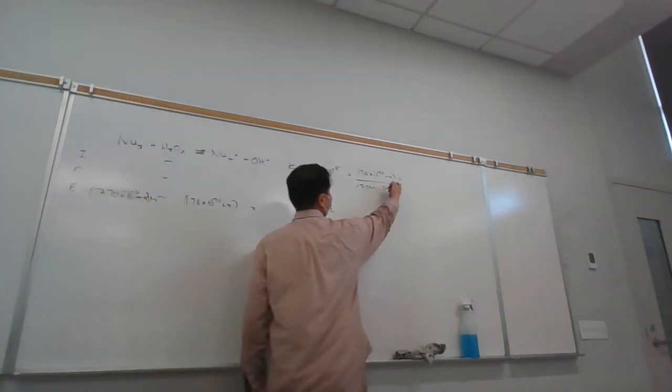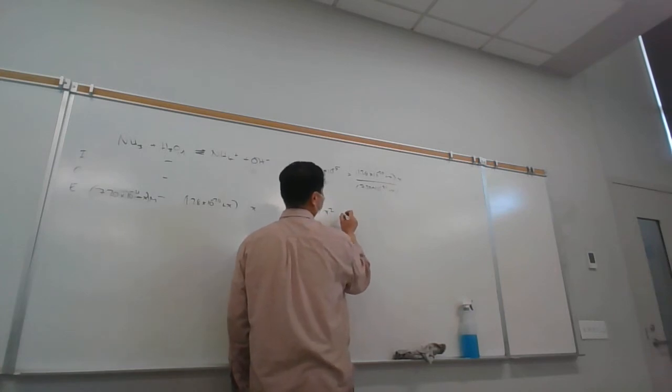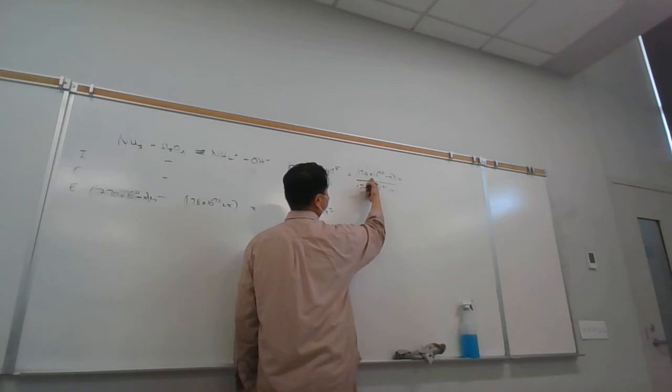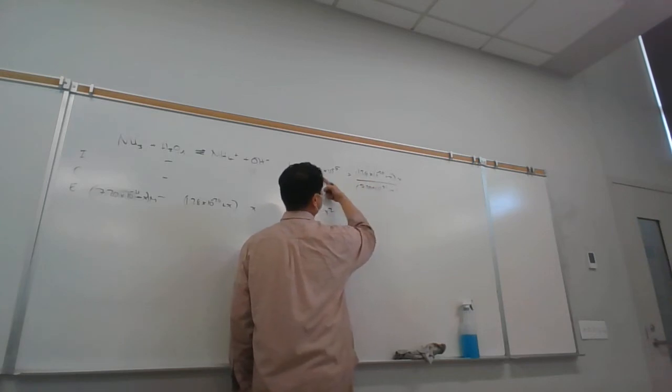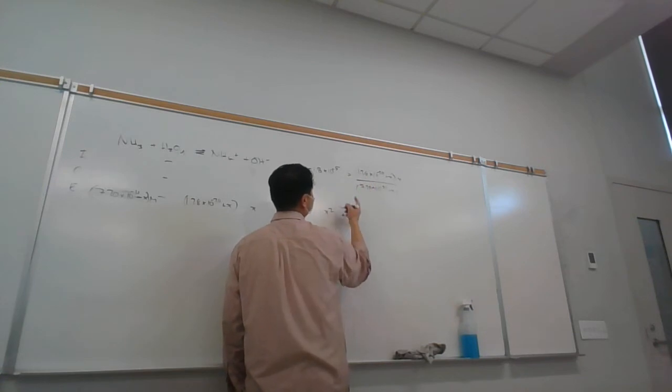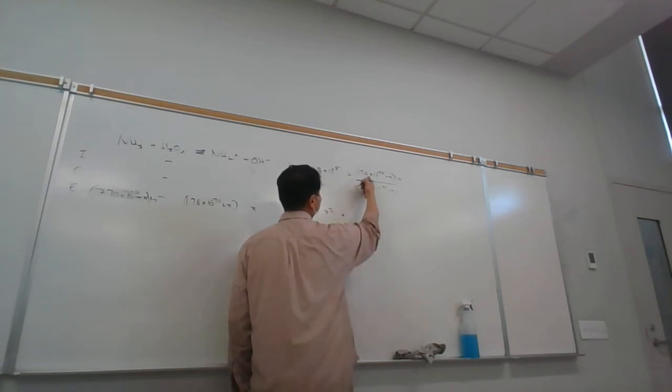And so we're going to get x squared plus... this is going to be extremely small compared to this x, and so this is going to be quite a bit bigger. So I'm just going to say this plus that, we can ignore that.